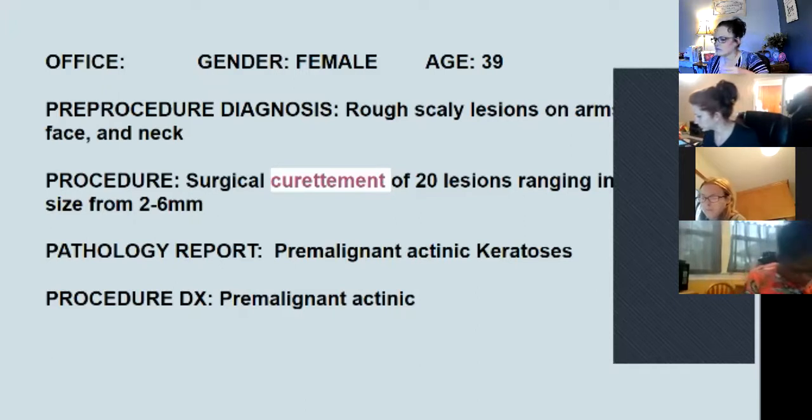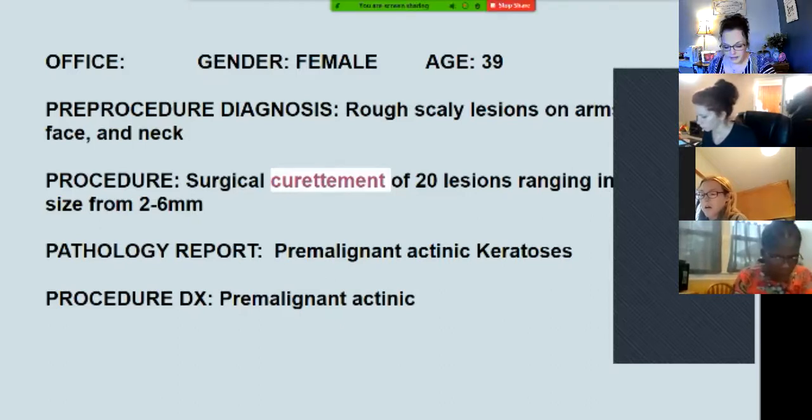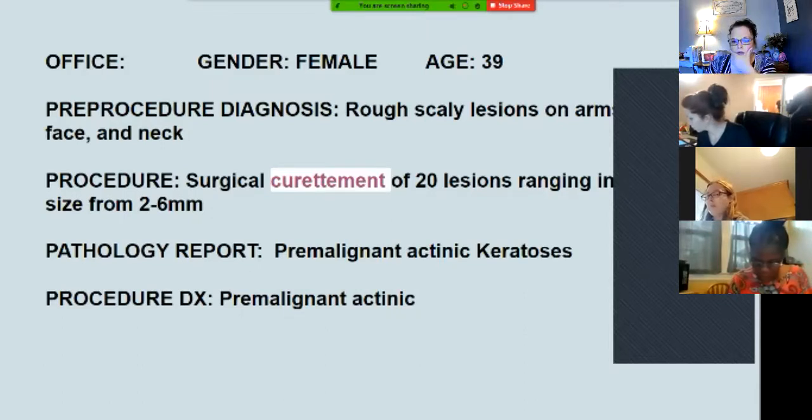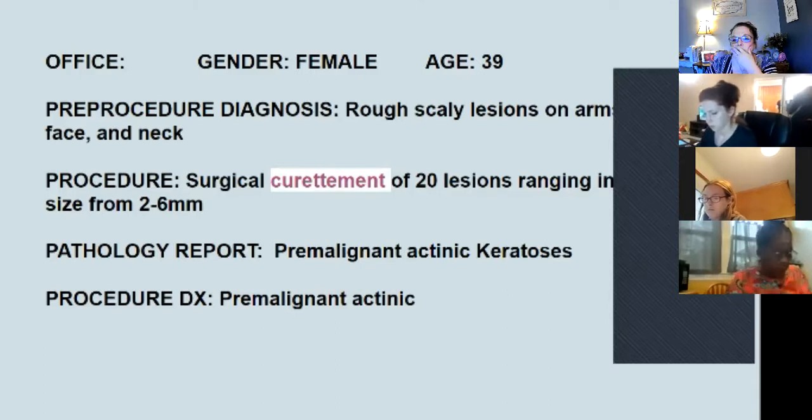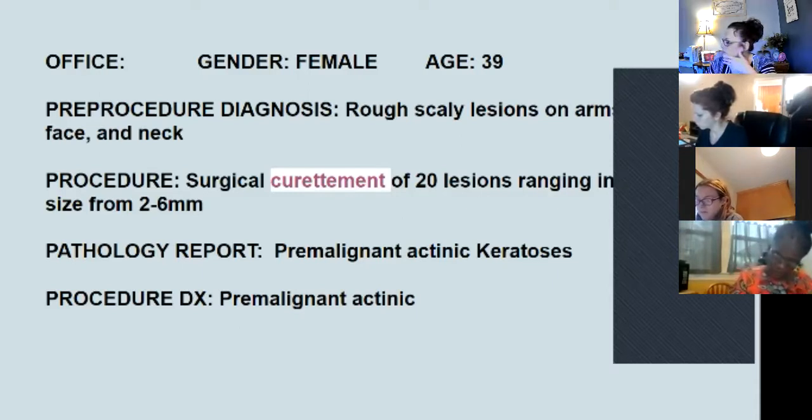No. That's a malignant lesion, Miss Katrina. We're looking for pre-malignant. Okay. That's all I got right. 17004. I don't know if it's correct though. Pre-malignant. Okay. 1700... 2 to 6.